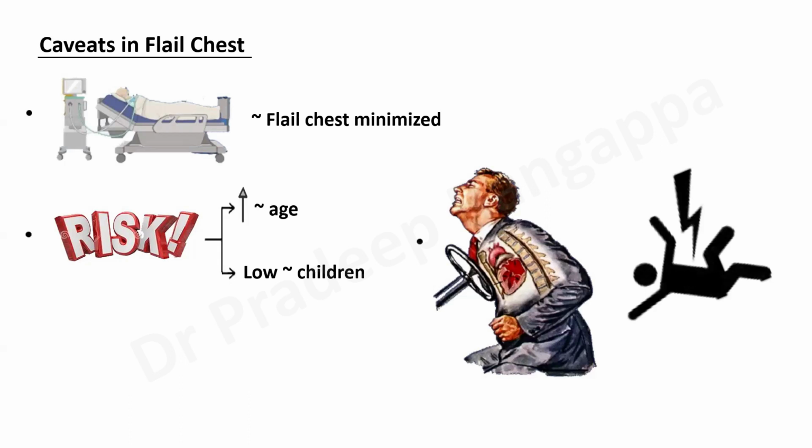Where there is a crush injury with the impact borne on the chest, we see a flail segment. So any blunt injury to the chest wall with high impact, or the body weight causing significant injury on one side of the chest when they fall from a bike, is where we typically see flail chest.